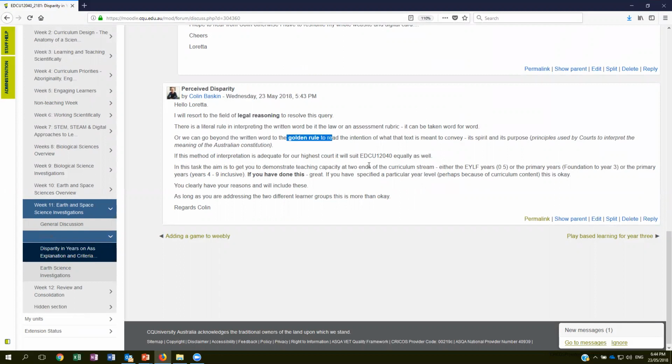In other words, what we wanted you to do is realise that the curriculum has several ends to it: a top, a tail, and a huge middle. What this task wants you to do is demonstrate skills at two of those three levels. Now, if you say, I'm going to do it at year 4 instead of year 3, fantastic. Just tell us why. You clearly have your reasons, so just include why you've used year 4.